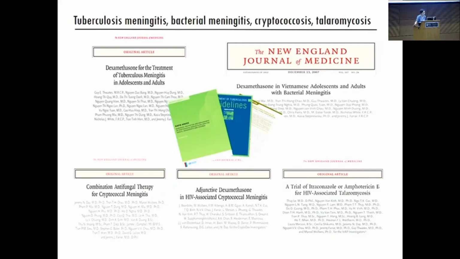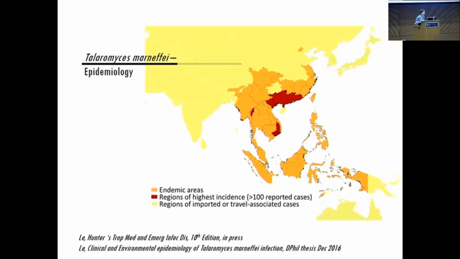And these are really what drive our research, and we are focused on clinical trials that are powered to address important clinical outcomes that inform treatment guidelines for tuberculosis, bacterial meningitis, cryptococcosis, and talaromycosis. So we are interested in clinical trials that are very relevant and inform guidelines. My research interest is focused on talaromycosis.